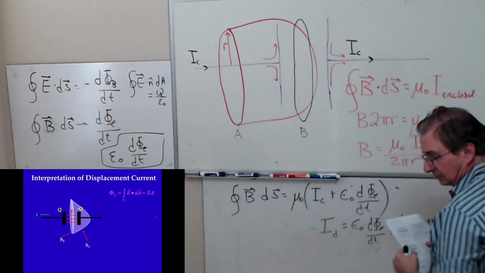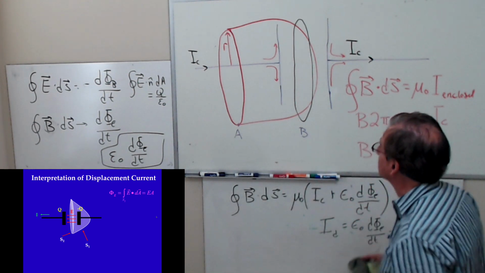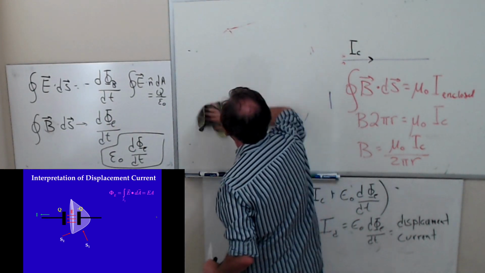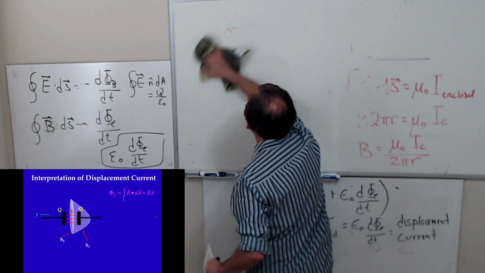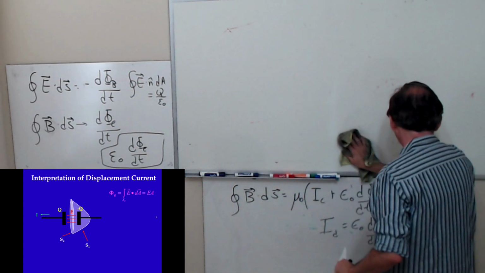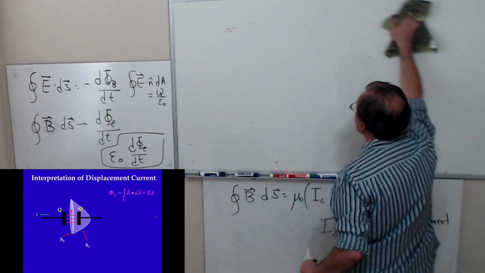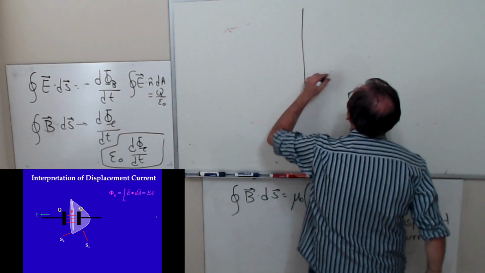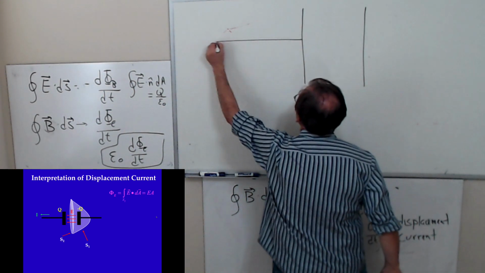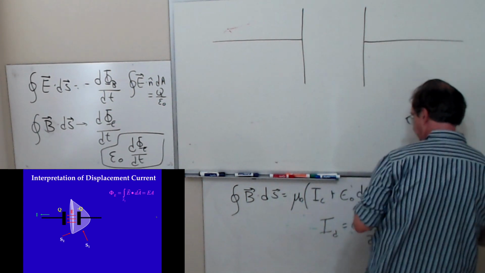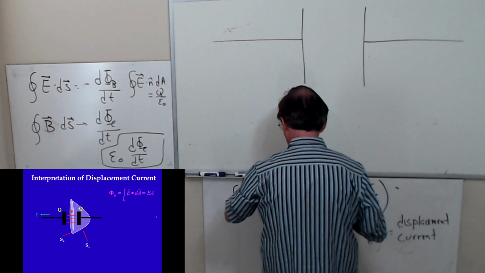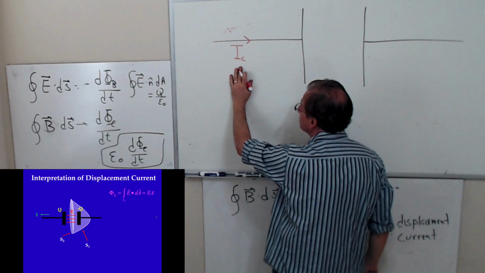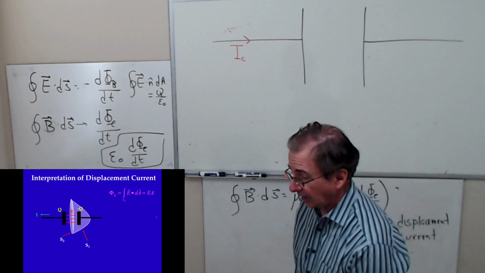So let me redraw, because I got a mess here. Let me draw my picture. I'm doing a parallel plate capacitor because the field is easy to work with. The field's uniform. A lot of times people write I sub C here because they call it the conduction current.